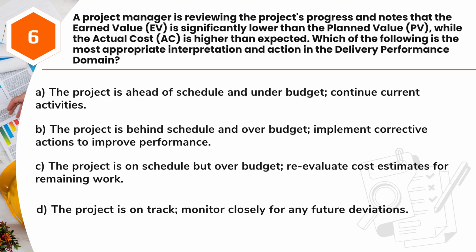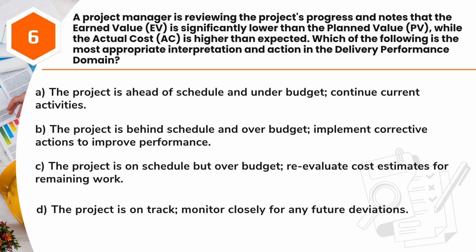Question 6. A project manager is reviewing the project's progress and notes that the earned value, EV, is significantly lower than the planned value, PV, while the actual cost, AC, is higher than expected. Which of the following is the most appropriate interpretation and action in the delivery performance domain?